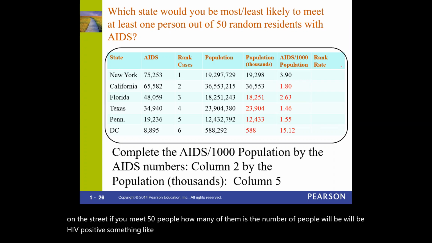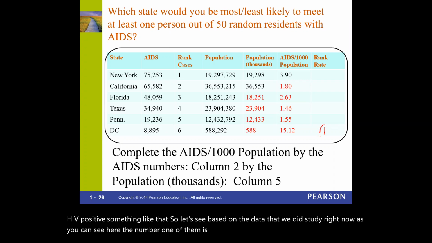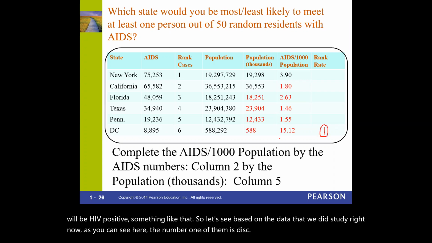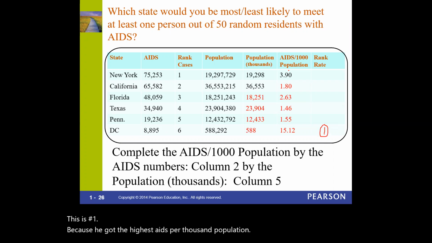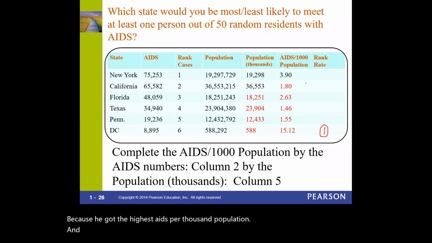So let's see. Based on the data that we did study right now, as you can see here, number one is DC. DC is number one because it got the highest AIDS per 1,000 population. And then if you do the math, you can see that number two will be New York.